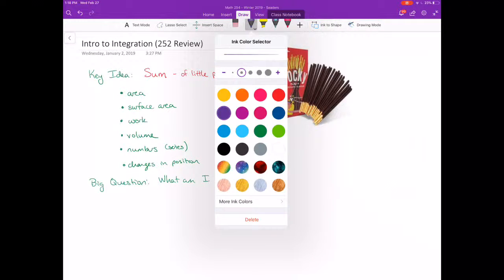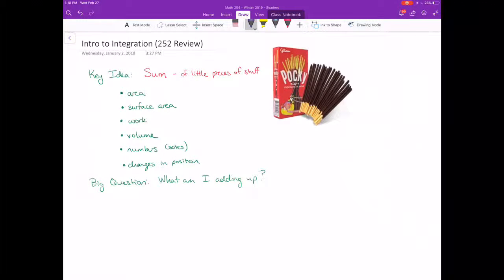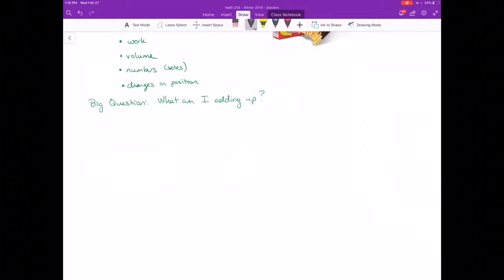So I'm going to do an example, a 252 example, and then we're going to generalize this into the multivariable setting.